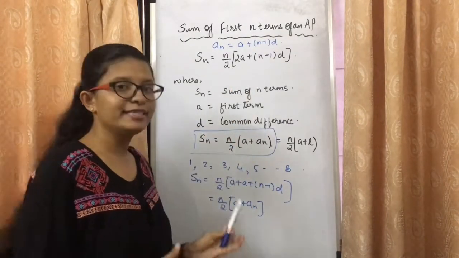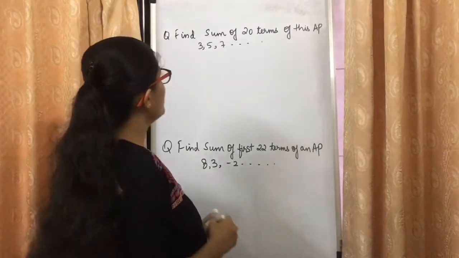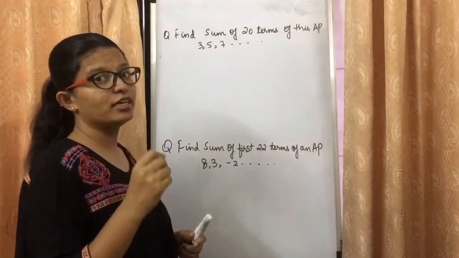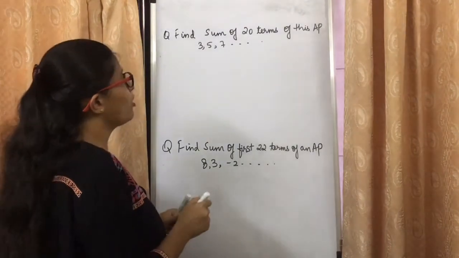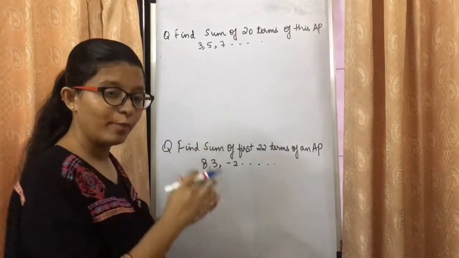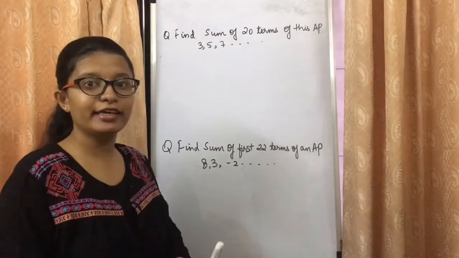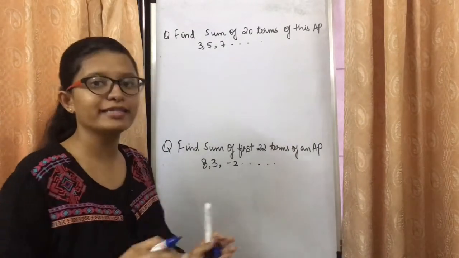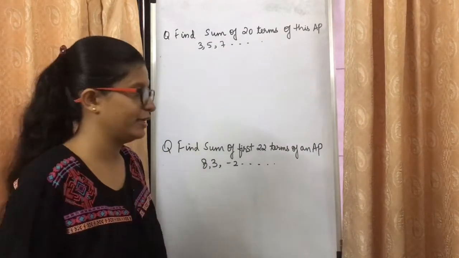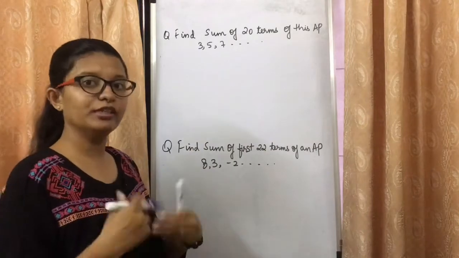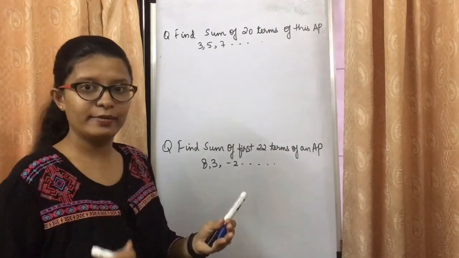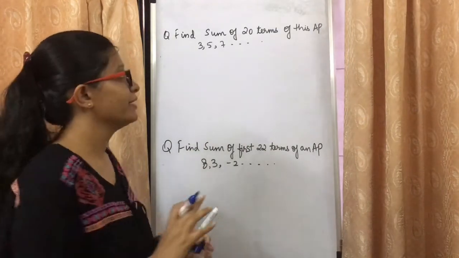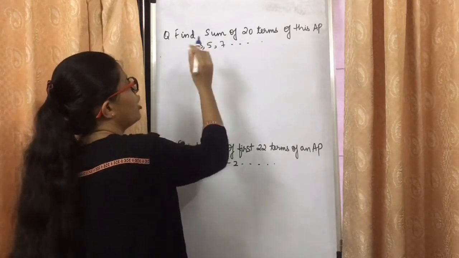So let's see sums. Now let's have a look at this: find the sum of 20 terms of this AP. That means from A1 to A20, all the terms have to be added and I have to tell the sum. That is given by the formula Sn is equals to n by 2 into (2a plus (n minus 1) into d). First of all, we need a and d.